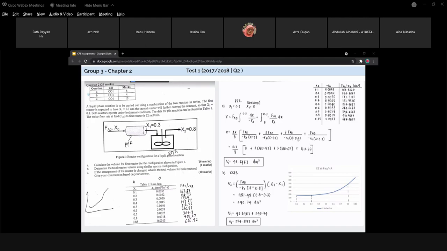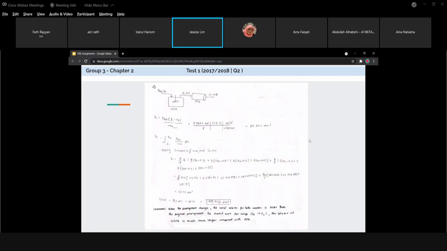All right. So part C is what if the arrangement is changed. So we redraw the diagram. It will be CSTR first and then followed by PFR. For the volume of the first reactor, we use FA0 times x1 minus x initial, over the exit rate.